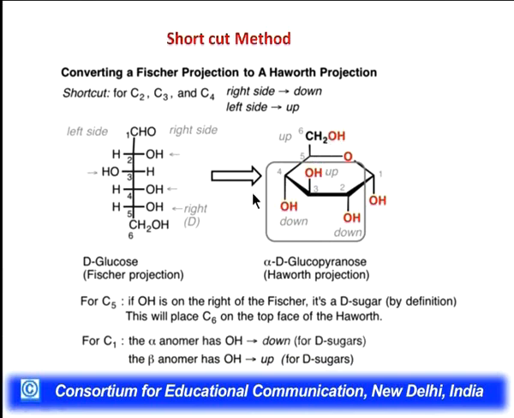So all those groups which are on the right hand side will go down, that is second, third, fourth, these three.